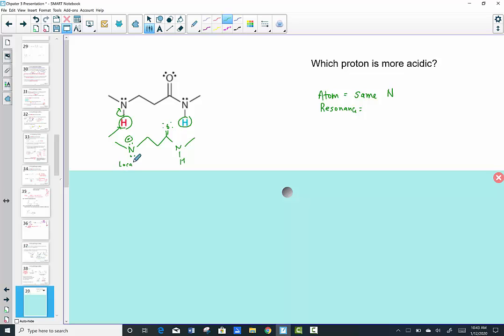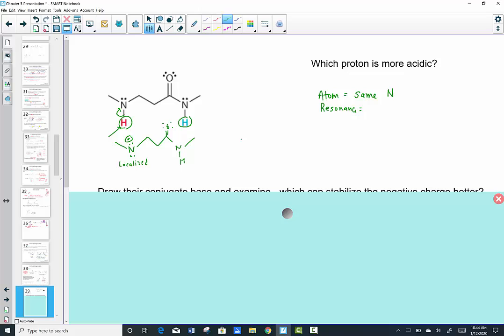However, if I redraw and I take off the hydrogen on the nitrogen that's highlighted blue, now all of a sudden I have a negative charge on a nitrogen that has a pi bond nearby in just the right position.